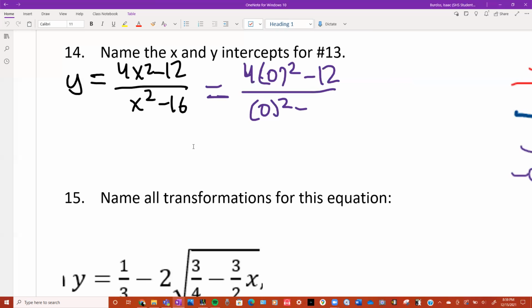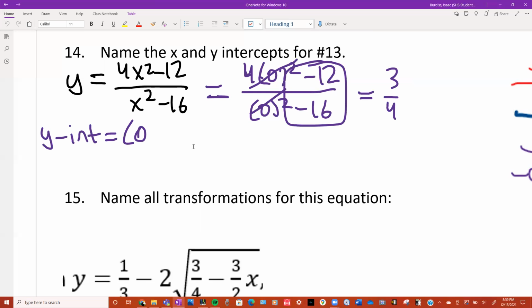With rational equations, every time these things cancel out because it's 0 times something, so it ends up always just being the constants. So 12 divided by 16, if you simplify that, is 3/4. So the y-intercept is (0, 3/4).